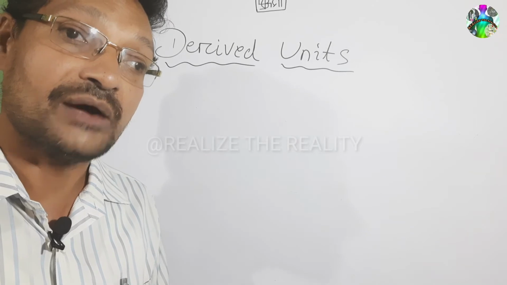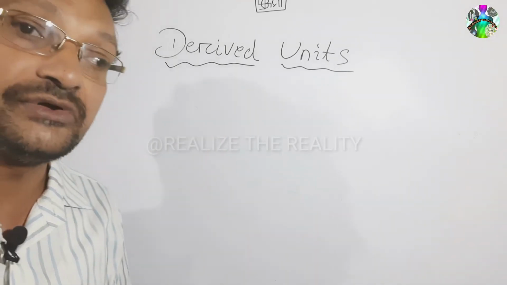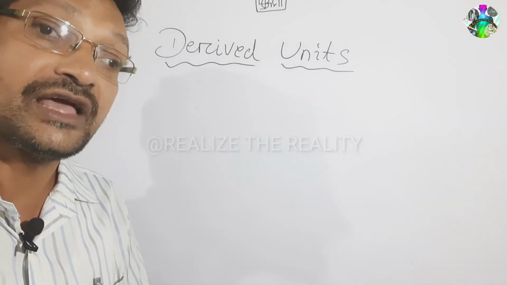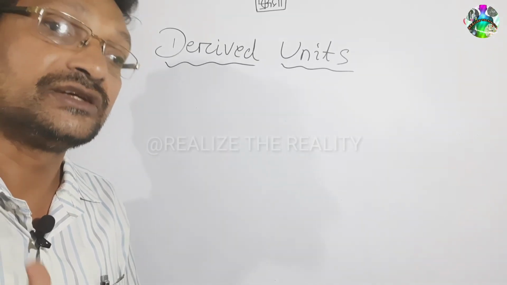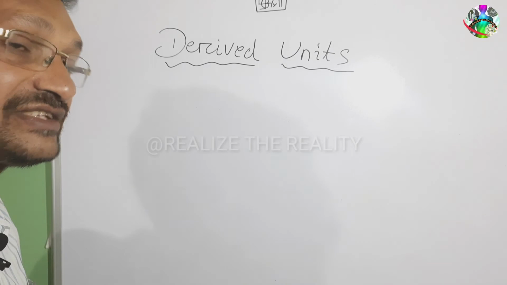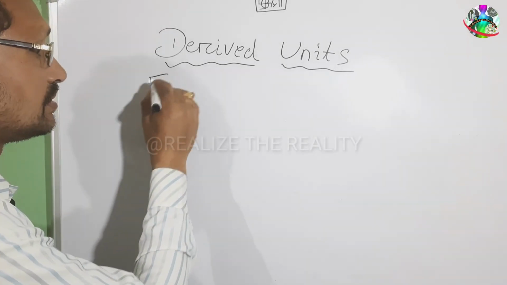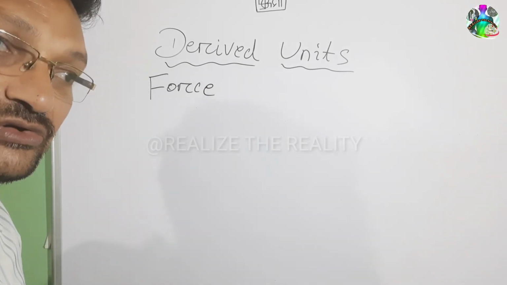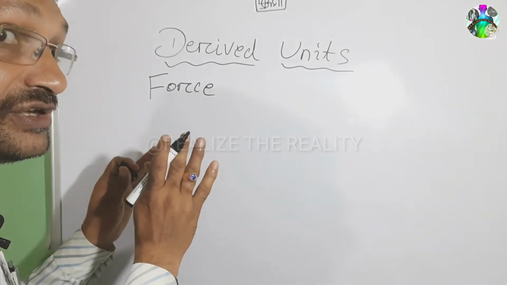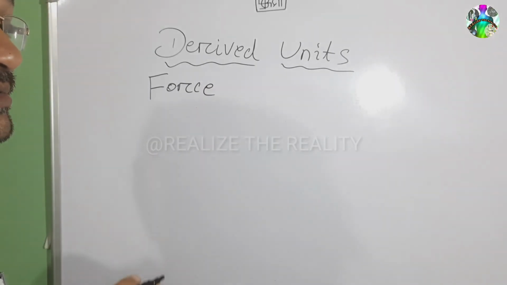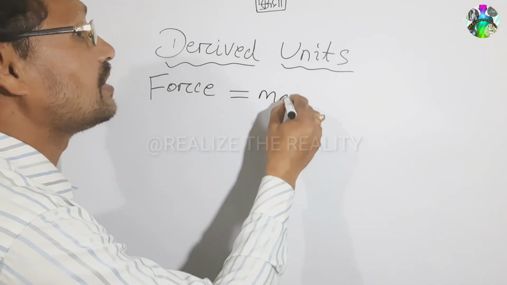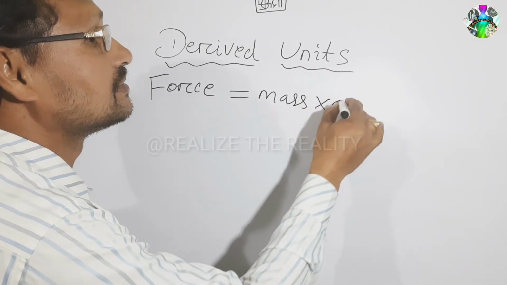So now we have to study different derived units and how they are derived with the help of fundamental units. Let us come to see first. Force is a physical quantity. It is also a derived unit. How is force a derived unit? Is it derived with the help of fundamental units? We will study now. Force, you know children, is mass into acceleration.